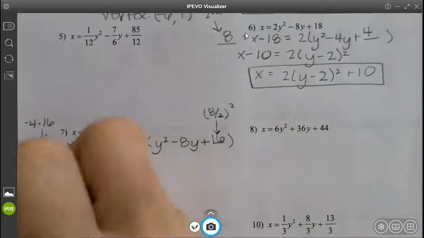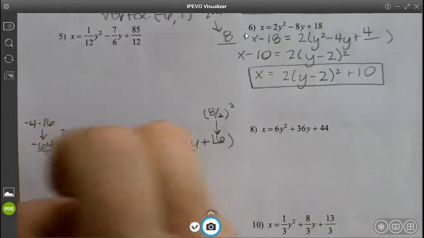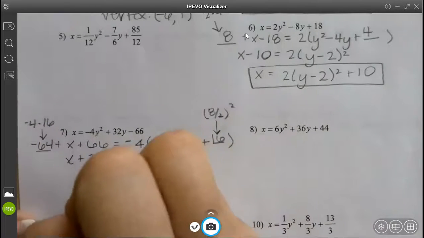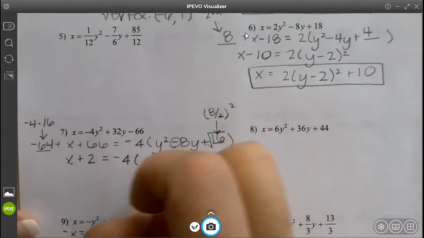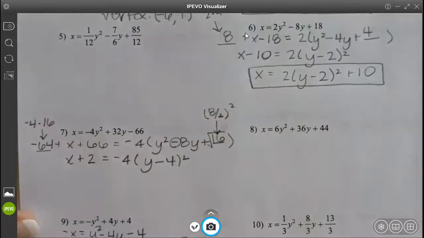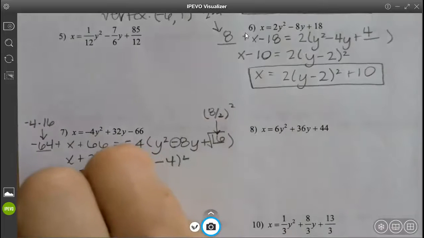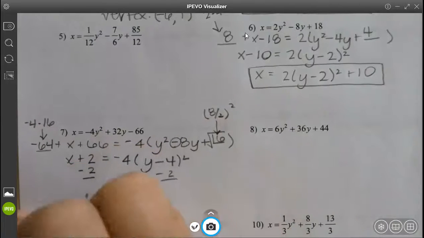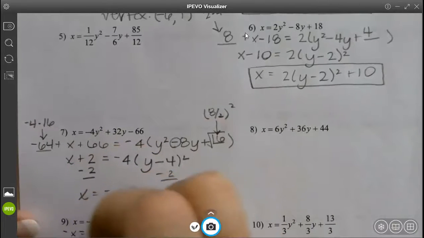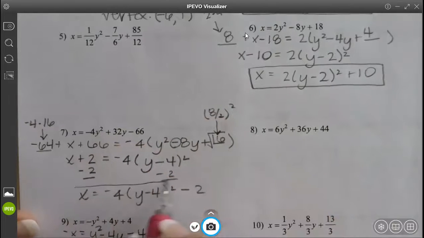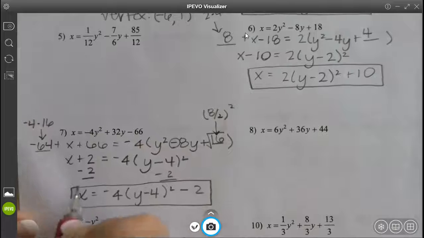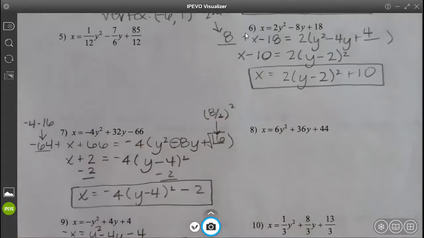When we add them together and clean it up, we get x plus 2 equals negative 4, y minus, square root of 16 is 4 squared. Subtract your 2 from either side: x equals negative 4, y minus 4 squared, move that 2 over. Your vertex is 2, 4. It points to the left, and it is skinny.